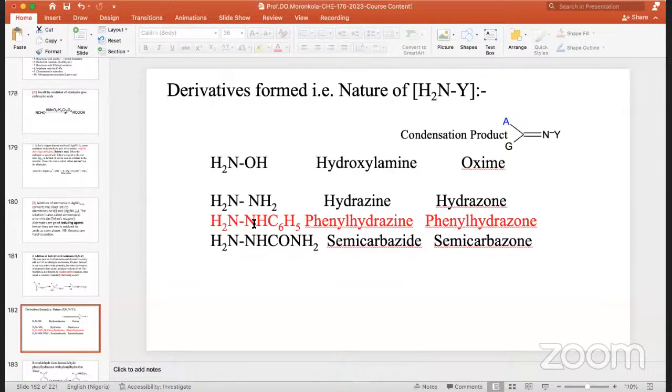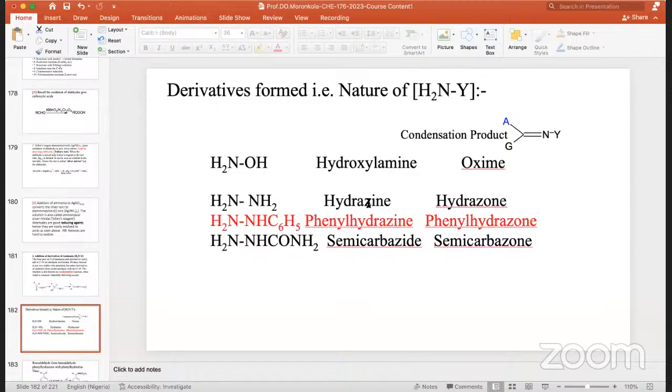If from this hydrazine, one of the hydrogens is replaced by a phenyl group, you call it a phenylhydrazine.